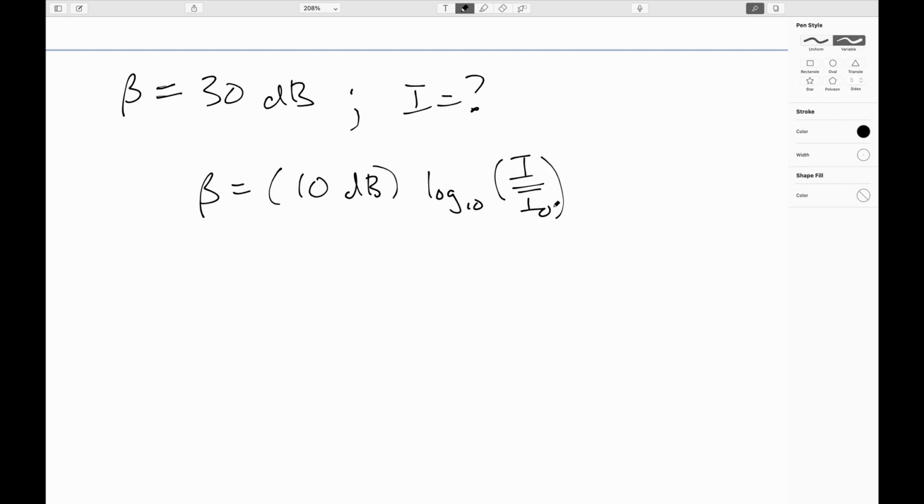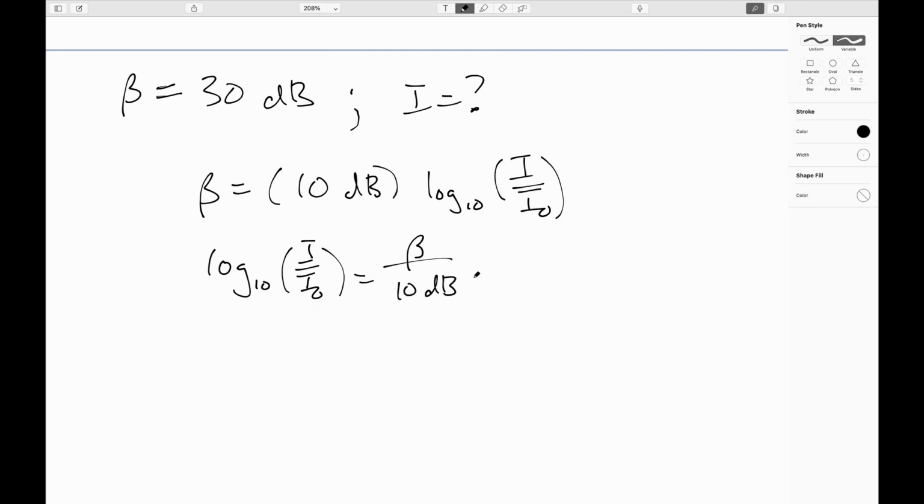Now the trick is we need to pull out the I from the log. So let's go ahead and do that in steps. First things first, we'll just divide through by the 10 dB. So we'll have the base 10 log of I over I naught is equal to beta over 10 dB.